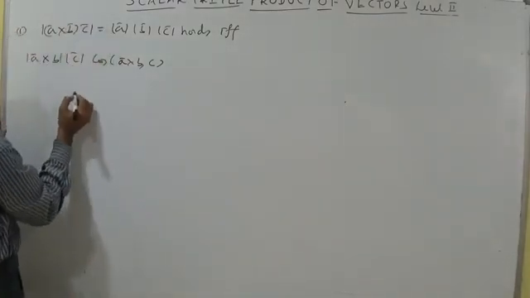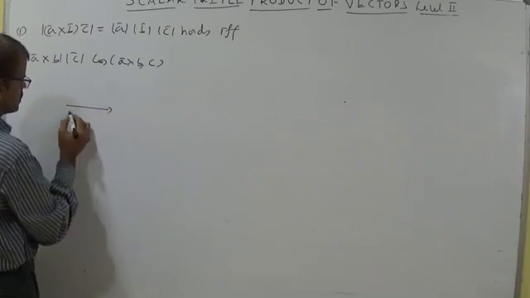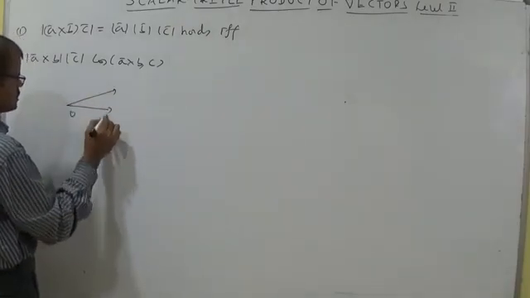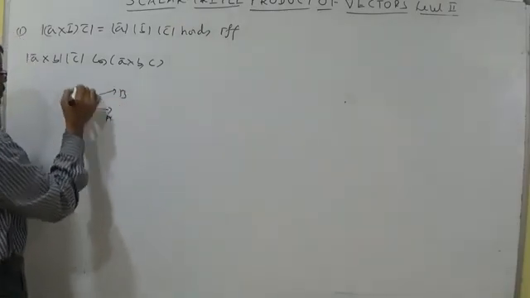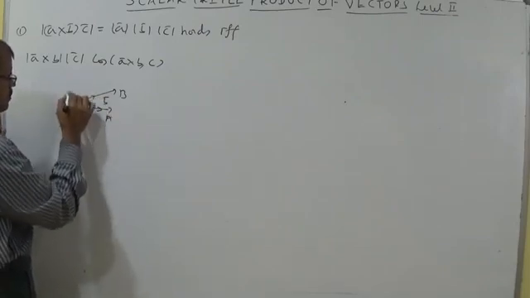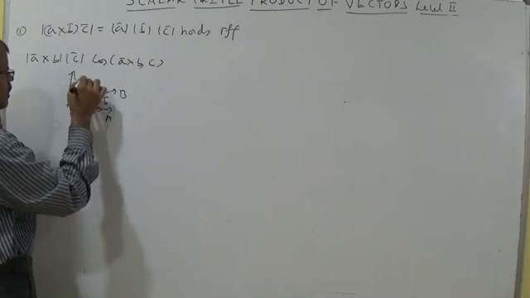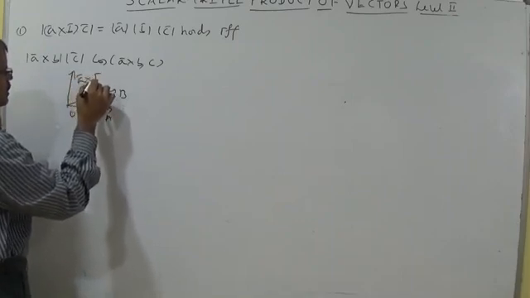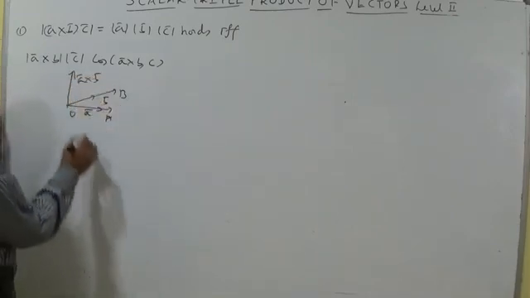Here if you draw the diagram like this, this is O, this is A, this is B. This is A bar, the position vector of A, this is B bar, the position vector of B. This is the value of A cross B. The vector A cross B is perpendicular to both A bar and B bar.